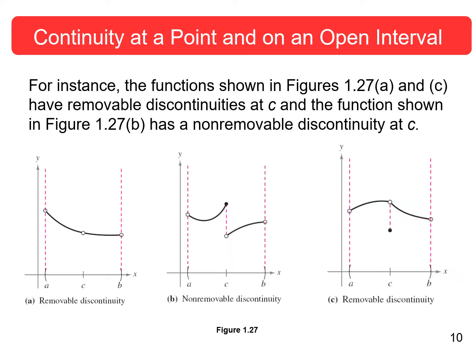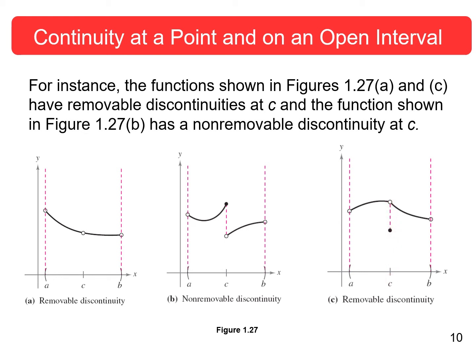For instance, the functions shown in this figure here and on this figure here have removable discontinuities at c, because we can just go back and redefine the function to make this continuous. We will just have to define f at c to be equal to this point so that this function becomes continuous at that point. And the same also with this one. We can just redefine the function to make it continuous at this point.